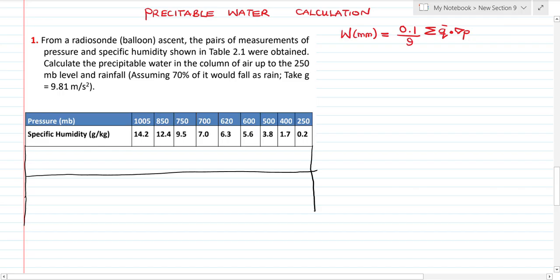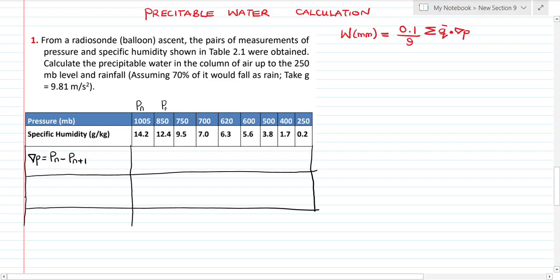First of all, we are going to find the change in pressure, which is equal to Pn minus Pn plus 1, so the first one minus the immediate one. When I'm on this one, this will be my Pn, and the next one will be my Pn plus 1. Are you okay?